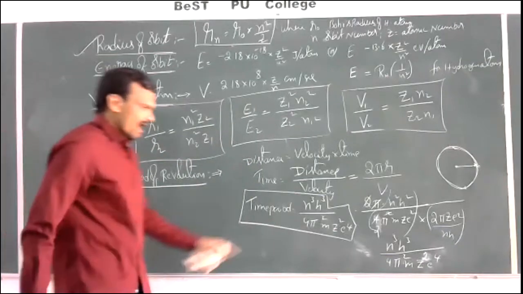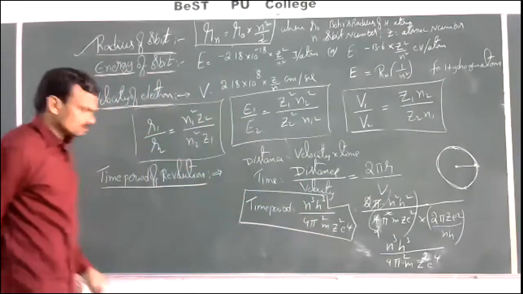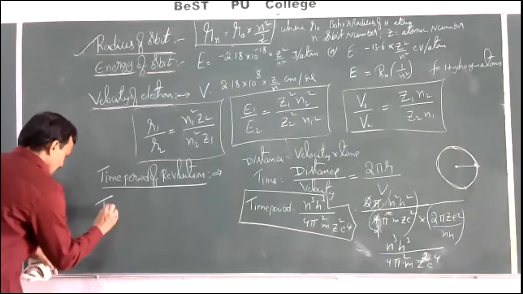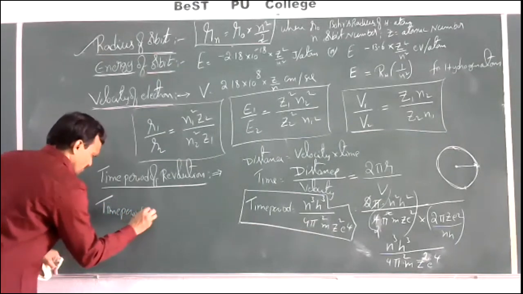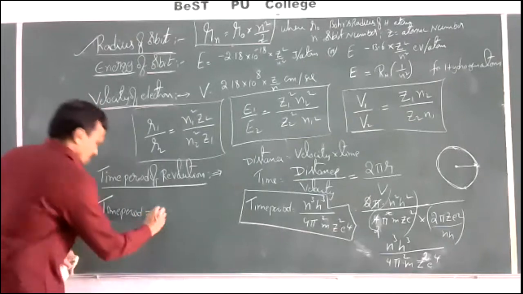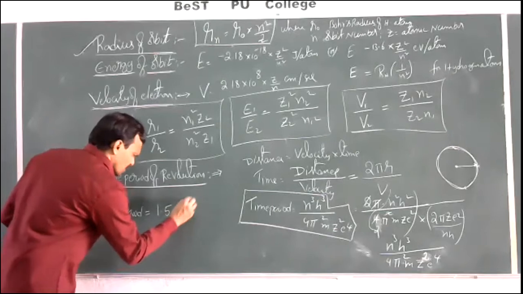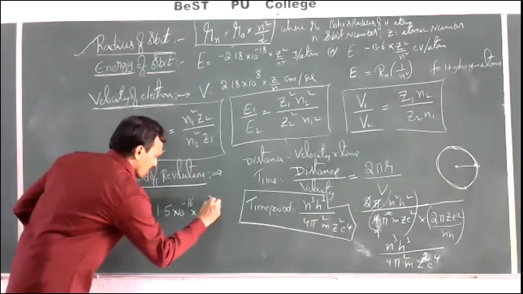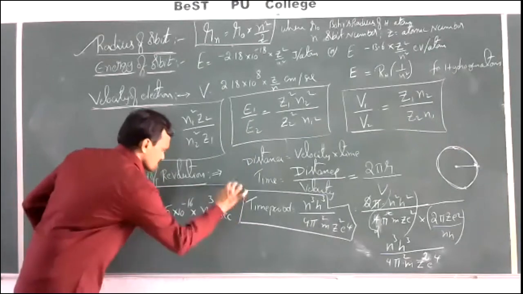Now here, other than n and z, if you substitute all other values, then you can get the value of the time period of revolution, which is 1.5 into 10 power minus 16 into n cube by z square seconds.